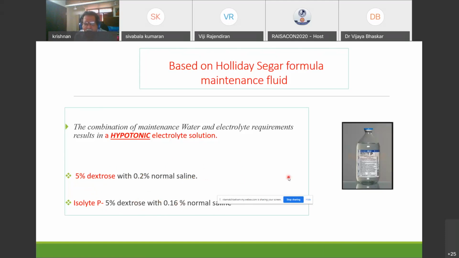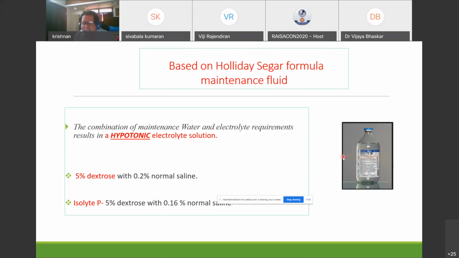So even though it will show an osmolarity of 340, 253 in dextrose will be taken off. So what is left behind will be roughly around 50 or 55 osmol for this particular fluid after you give it intravenously.